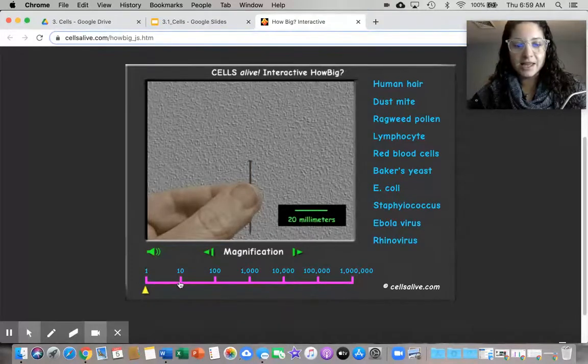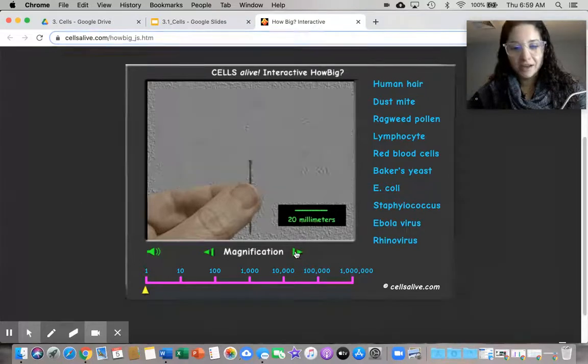This tells us the level of magnification that we're looking at. Right now we're at our regular level of vision, just what we see in the everyday world. We are going to zoom in to the top of this nail head and see all the different types of cells that can fit on top of it. And like I said, we'll talk about what those cells do. So let's start zooming in.